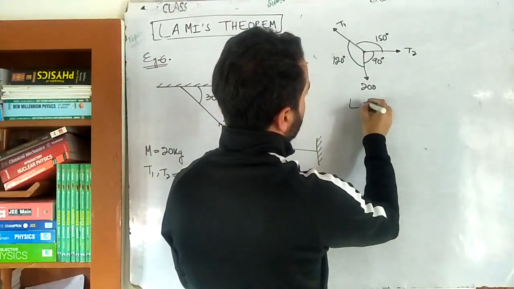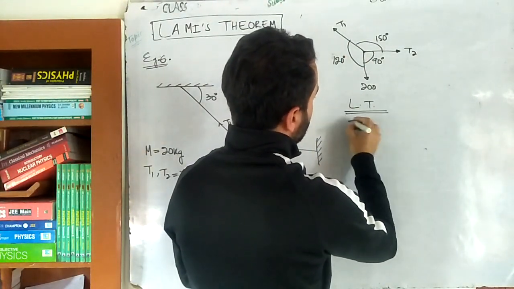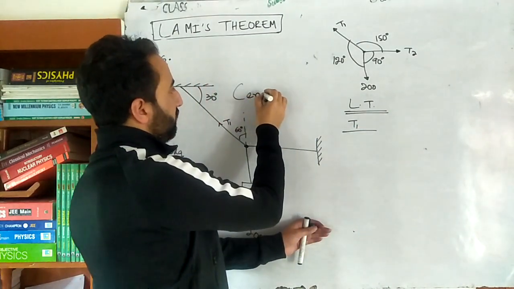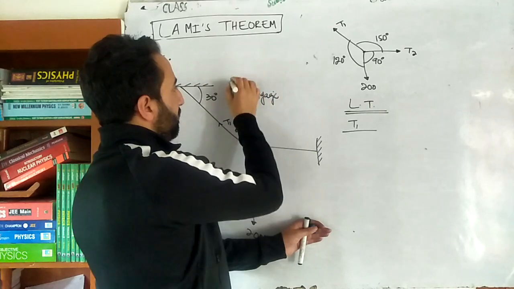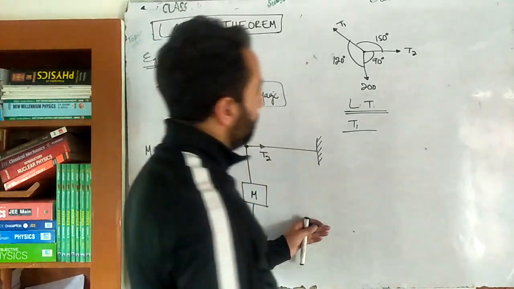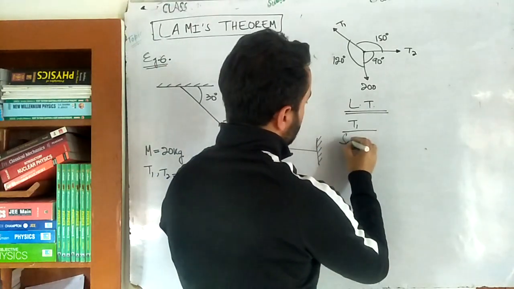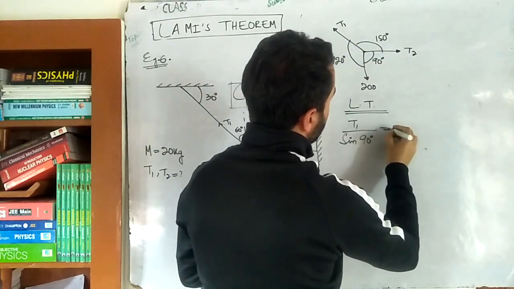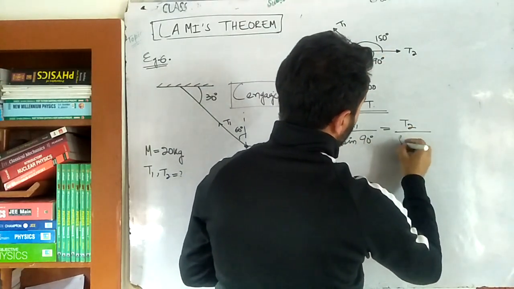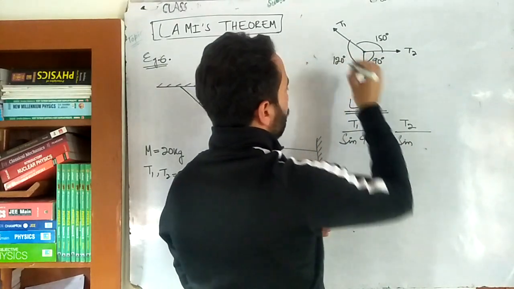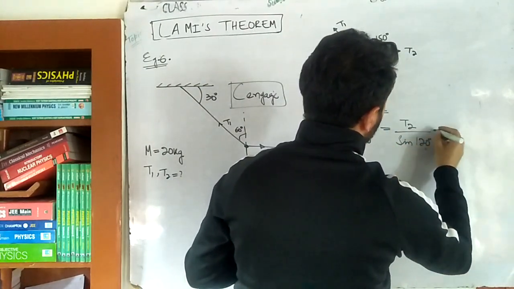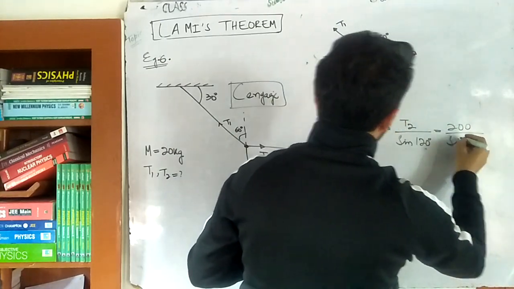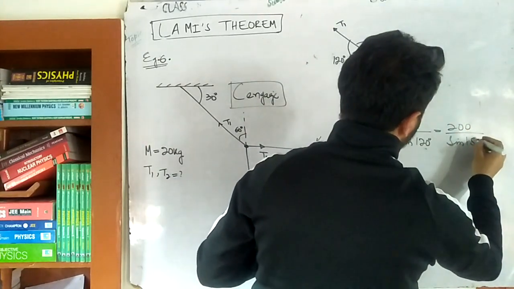So again I will use Lami's theorem. That's like this: T1 divided by sine of the angle opposite to it, that is sine 90 degree, will be equal to T2 divided by sine of the angle opposite to it, that's 120, will be equal to the third force, that is 200 divided by sine of the angle opposite to it, that is 150.